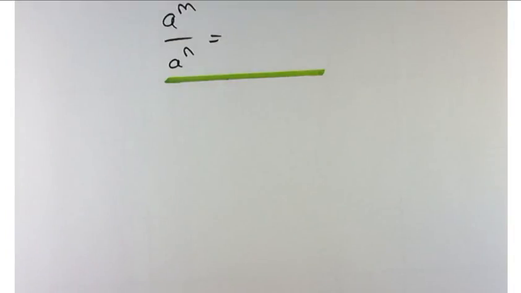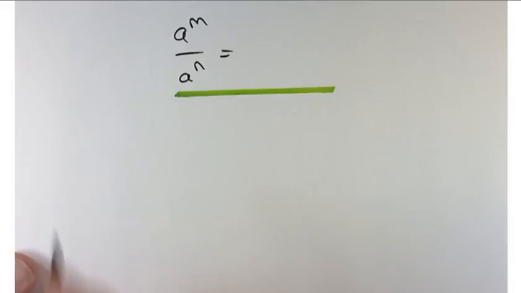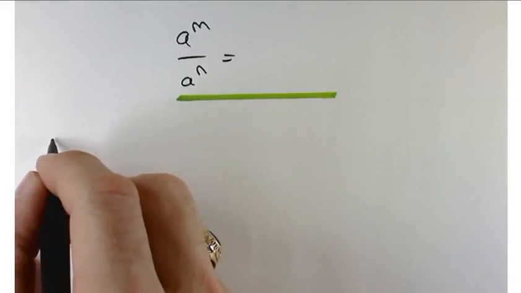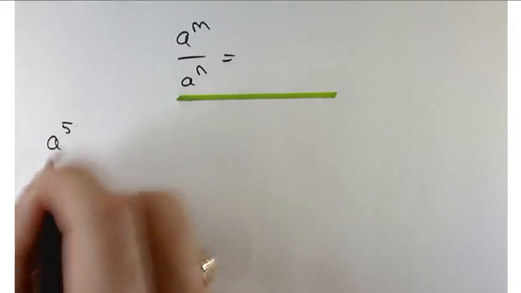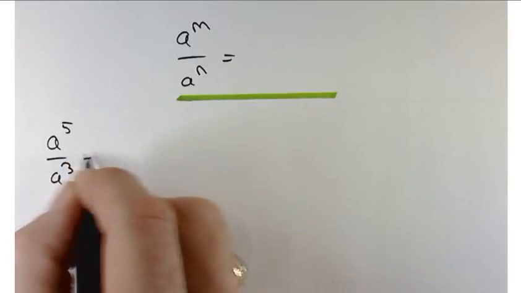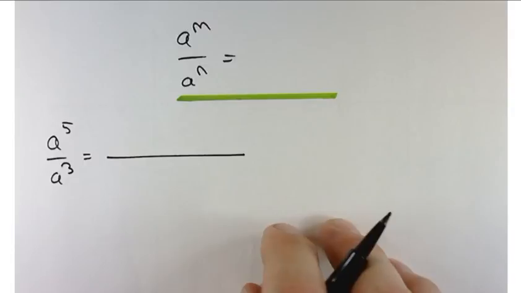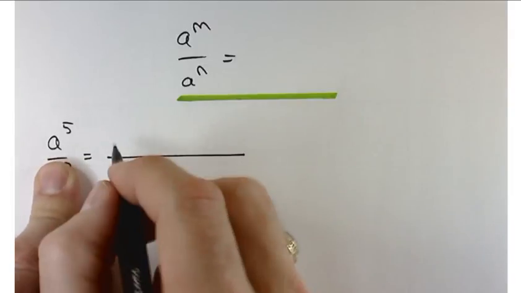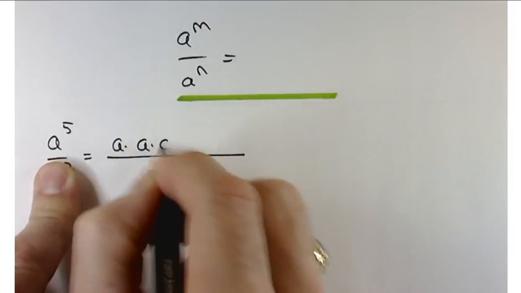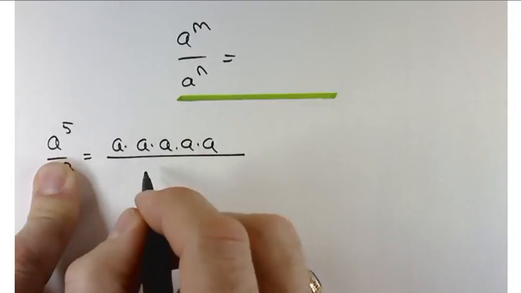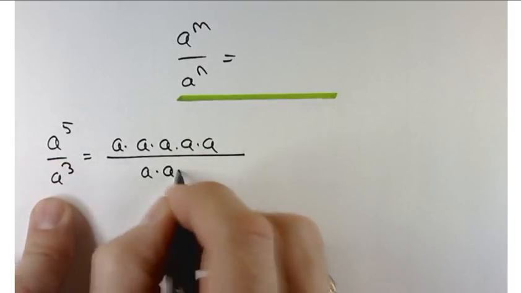We're going to do it the same way we did with the last one, with a small example. So let's start with a to the 5th over a to the 3rd. What I'll do here is remember what a to the 5th means. A to the 5th means a multiplied by itself 5 times. And likewise for a to the 3rd.